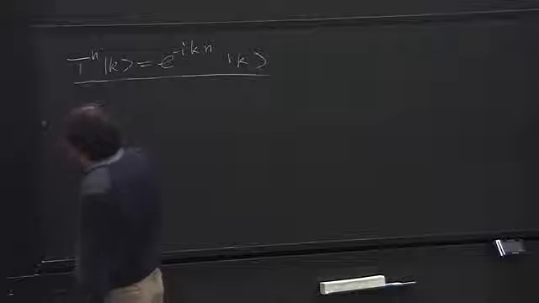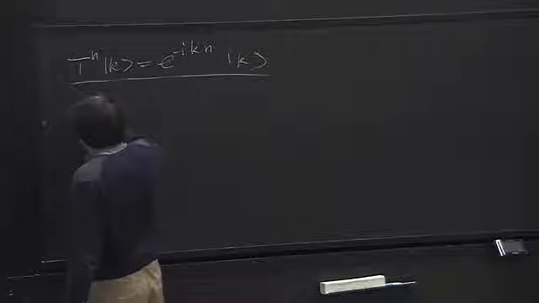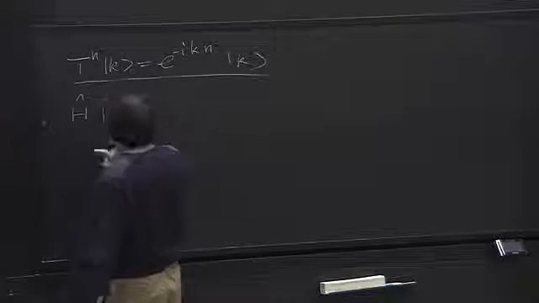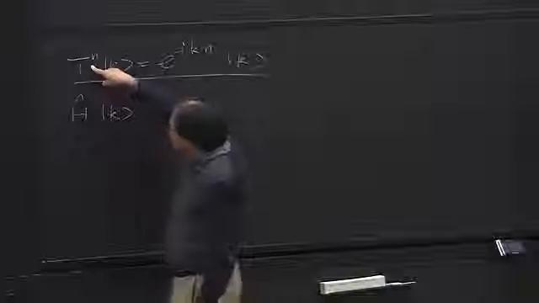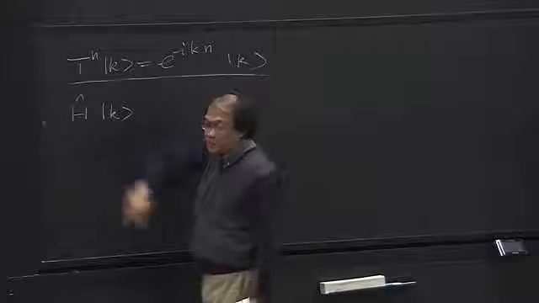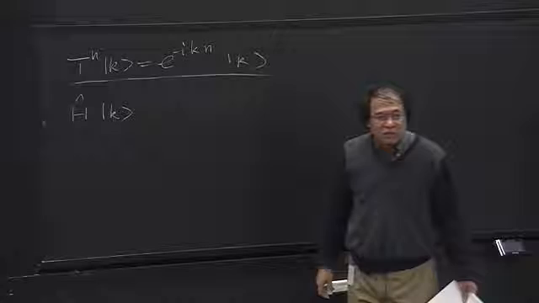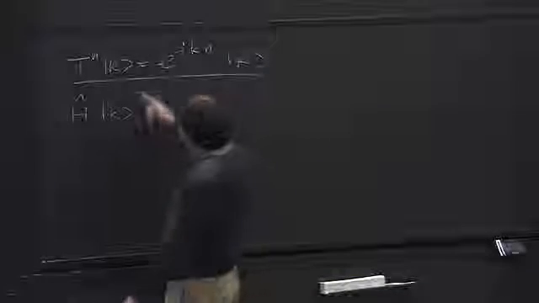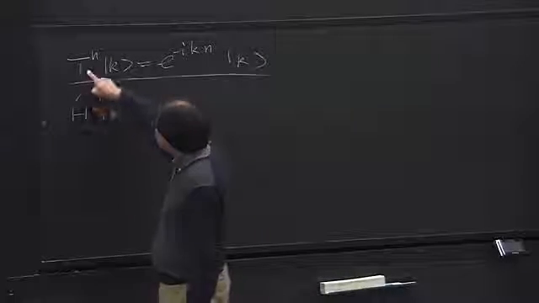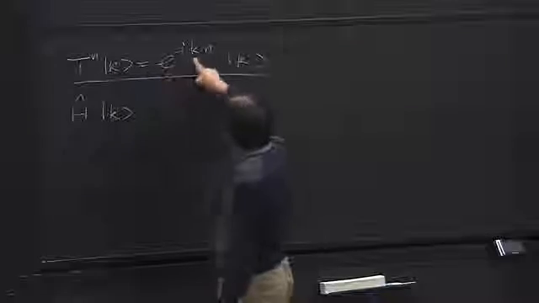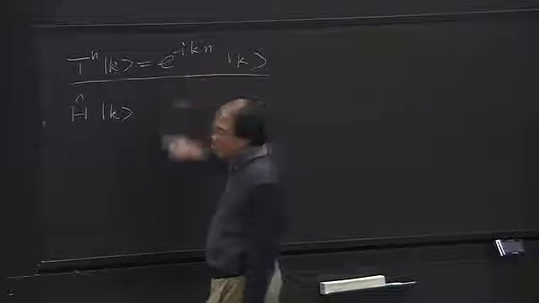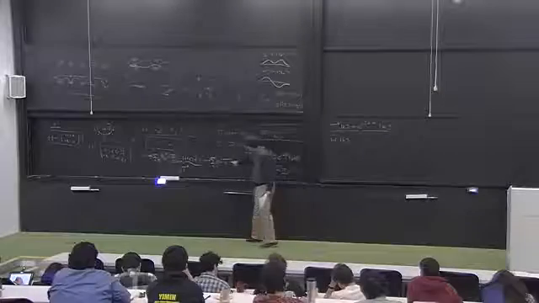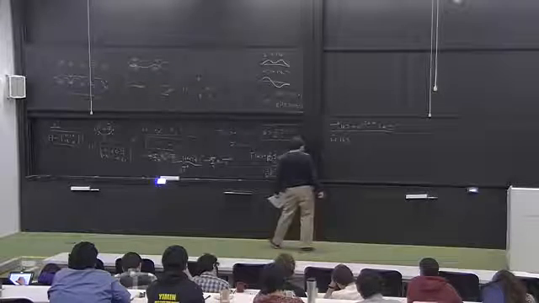From here we can immediately see that if the Hamiltonian acts on this |k>, which is an eigenvector of the translation operator, it is also an eigenvector of energy. Whenever T hits |k>, you get a number out, so you can replace T by its eigenvalue.